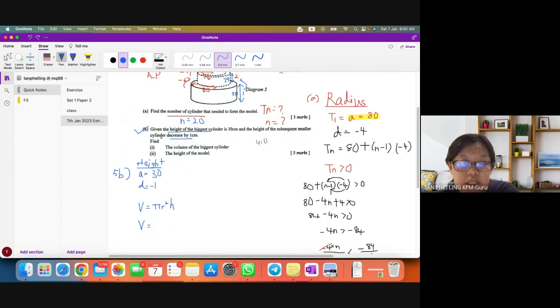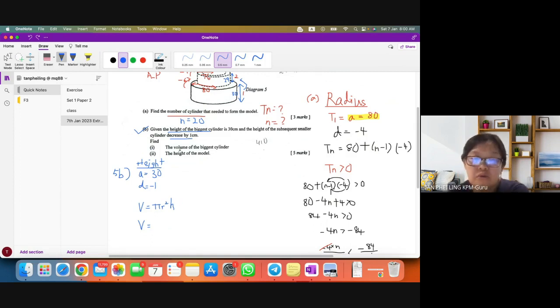Do they mention anything? No, which means we need to substitute the pi. Or you want to keep the pi also, I don't see any problem. When the question doesn't mention anything, you have the freedom whether you want to express it in terms of pi or not.